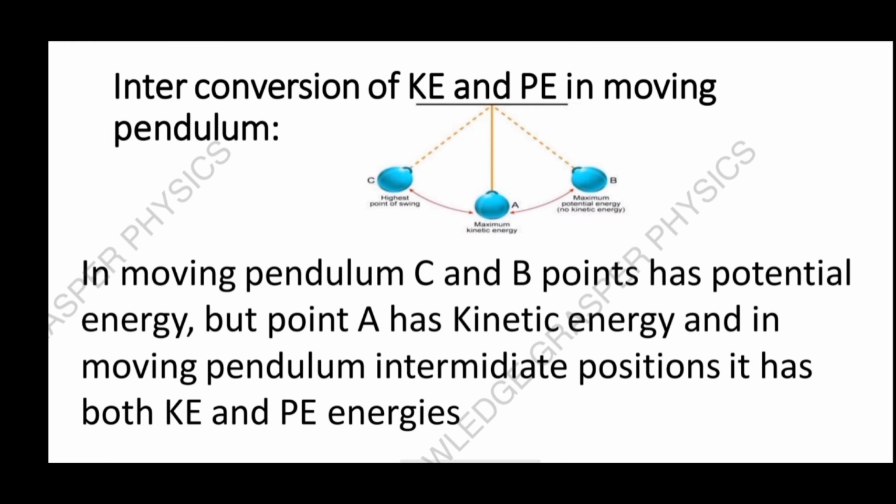By this picture, we determine that in a moving pendulum, at points C and B, meaning at the highest points, it has potential energy, and at the moving point, meaning at point A, it has kinetic energy, and at intermediate positions, meaning between A to C, B to C and A to B, it has potential and kinetic energy. Here the potential and kinetic energies interconvert.